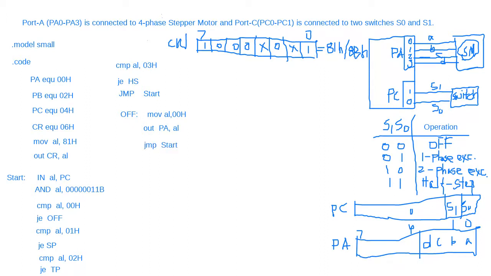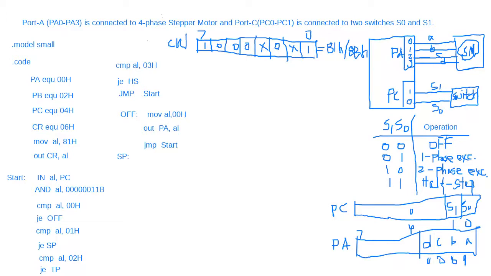Off is done. Now it's about the second operation, single phase. We define it as SP. How can we make it single phase mode? For single phase mode, one phase is on. That means just A phase is 1, and all others are 0.